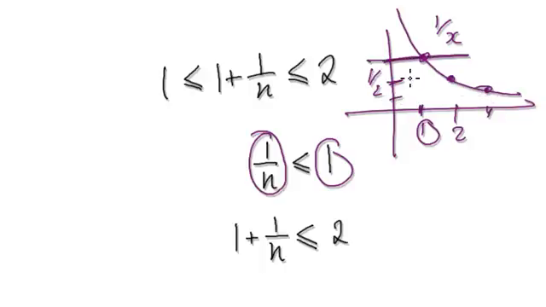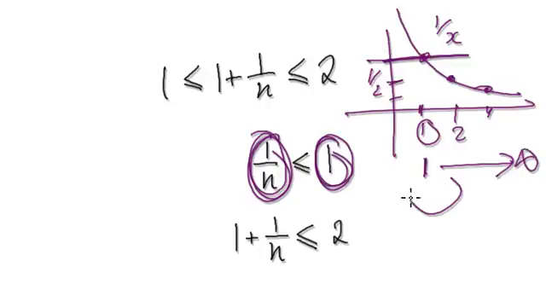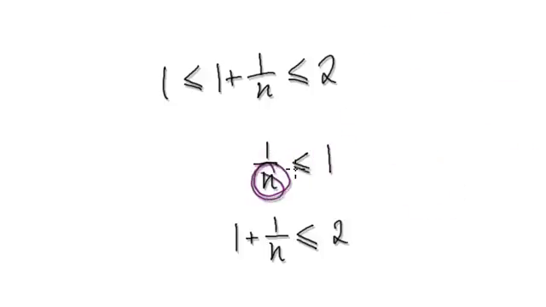Remember, when it comes to sequences, you start with 1 and then you go all the way to infinity. So you can't really start anywhere below 1. So n cannot be anywhere below 1. So if the smallest value for n is 1, then this inequality must be true.